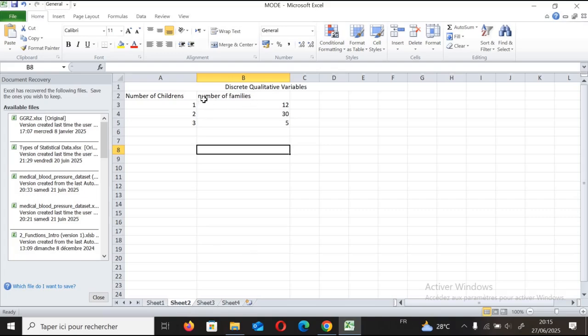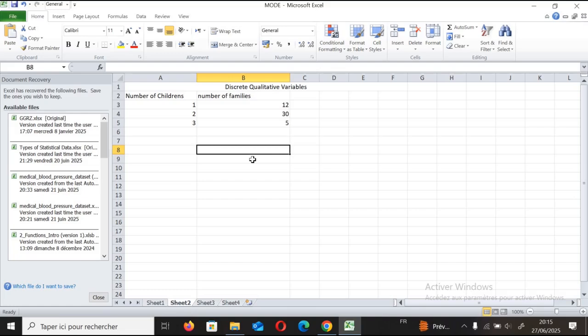For the number of families that have 2 children, 30. Number of families that have 3 children, 5. That means the mode of this data set is 2. That means most families have two children.